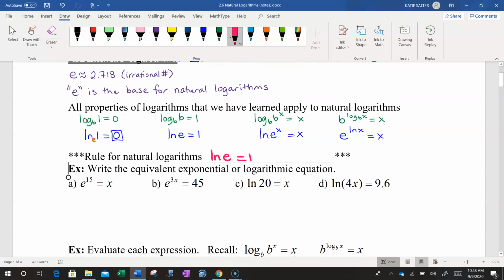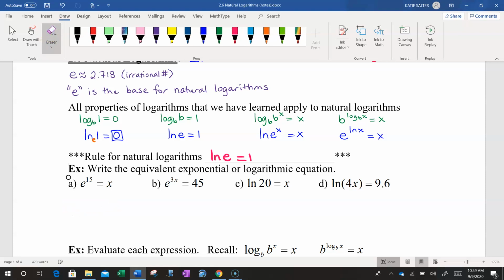All right, so just like we did with our exponential and logarithmic equations to start off with, we're going to rewrite the equivalent exponential and logarithmic equations for each one. So this first one is exponential, but since it has base e, instead of saying log base e of x equals 15, because you're never ever going to see that, we're going to use natural log. That's the whole point of having a natural log.